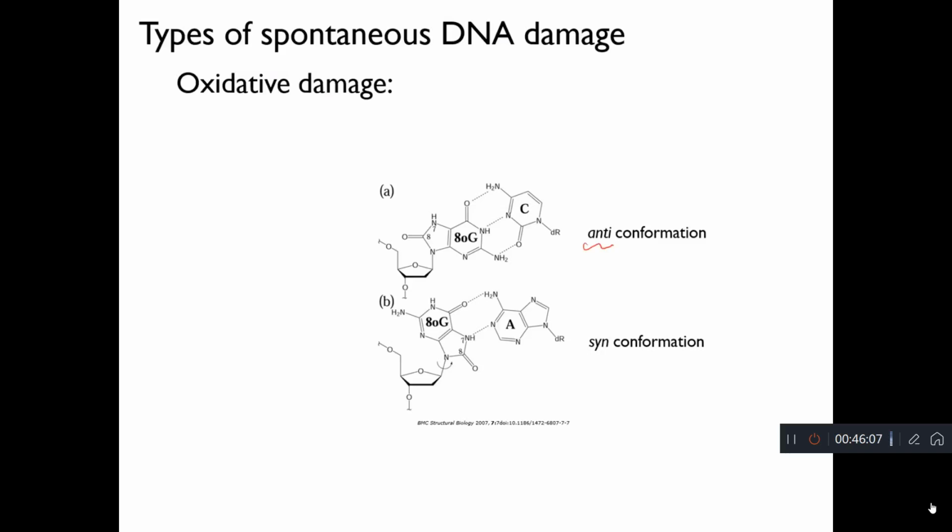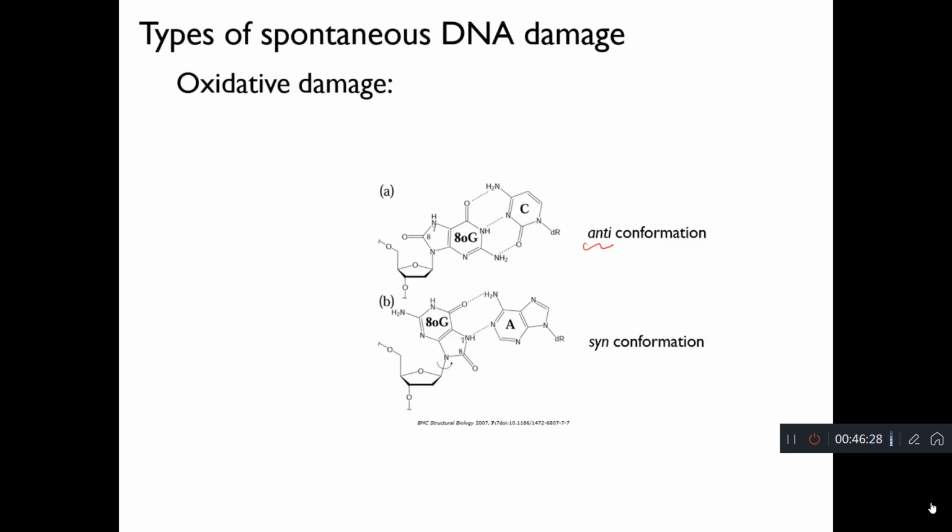And so this one here. And in the anti-conformation, as I explained a minute ago, 8-oxo-G presents exactly the same hydrogen bonding profile as G does. And so in the anti-conformation, 8-oxo-G will also base pair with C just fine.